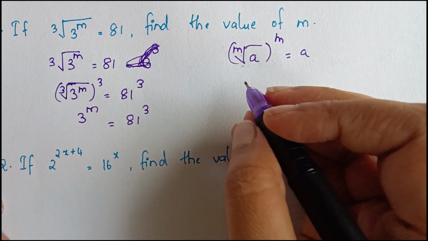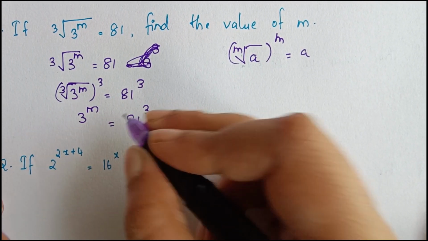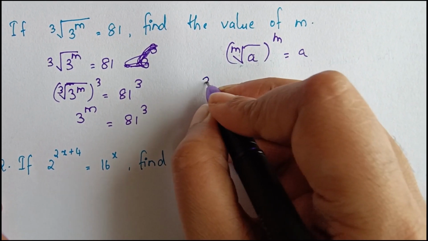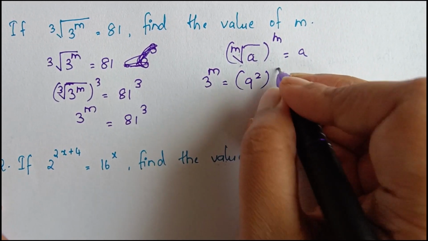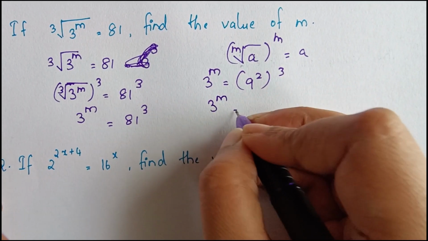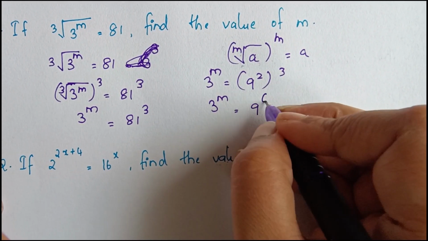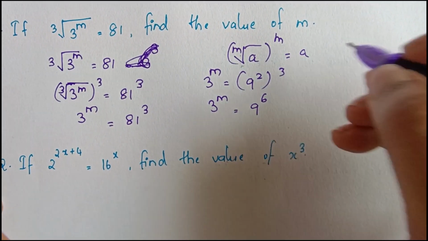Now, we cannot equate the powers because the numbers are not equal. So we can write 81 cubed as 9 squared, the whole raised to 3. 9 squared is 81. So 3 raised to m is equal to 9 raised to 2 into 3, which is 6. Still you cannot equate the powers.